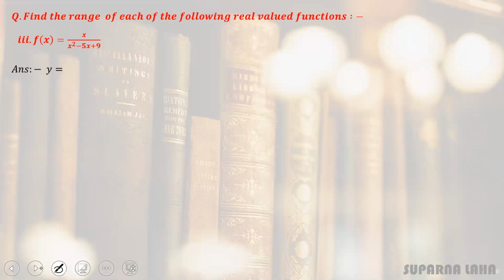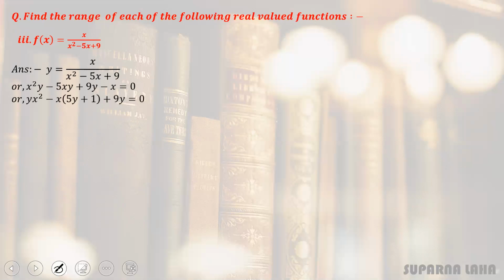First of all, you need to represent the function as x is equal to f of y. So just simplify it. You will find a quadratic equation of x. Now simply find the root of this function and simplify it.